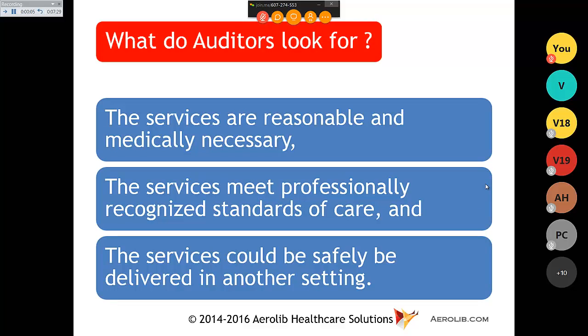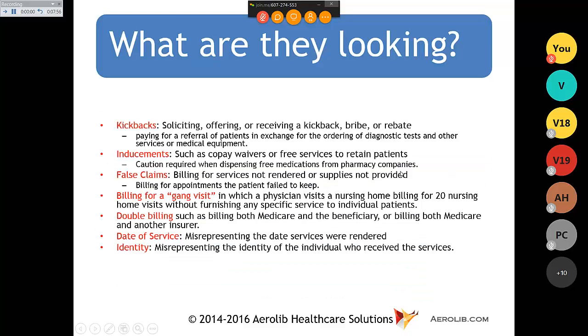Technically, they're looking for documentation that the service you provided, whether you as a provider or you as the hospital, in the hospital setting, is reasonable and medically necessary. It needs to meet professionally recognized standards of care. And could these services be provided in another setting? These are some of the litmus test questions that we need to answer when we're doing our documentation.